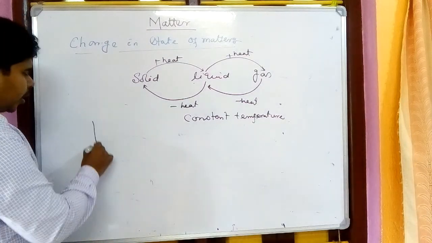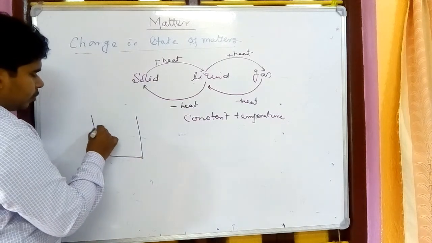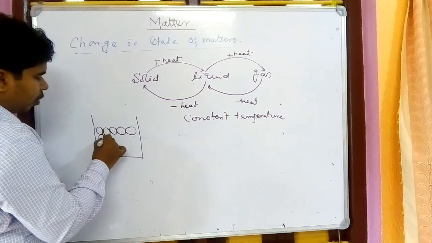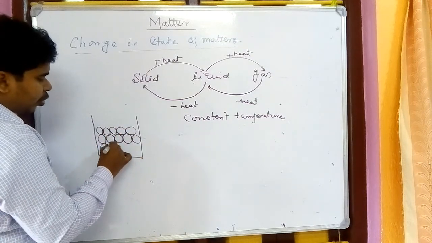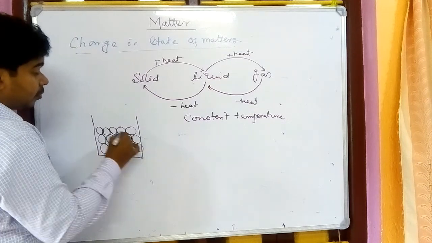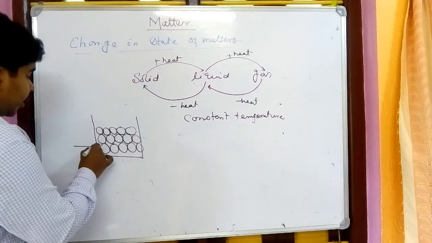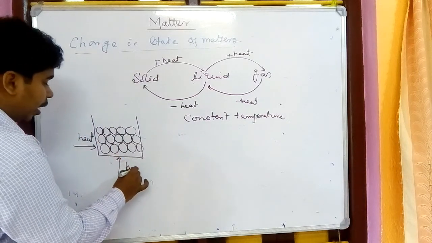I am talking about the solid. We know the molecular model of solid, and the particles are very closely packed. They are not moving here and there. So if you give heat energy to it, then what will happen?